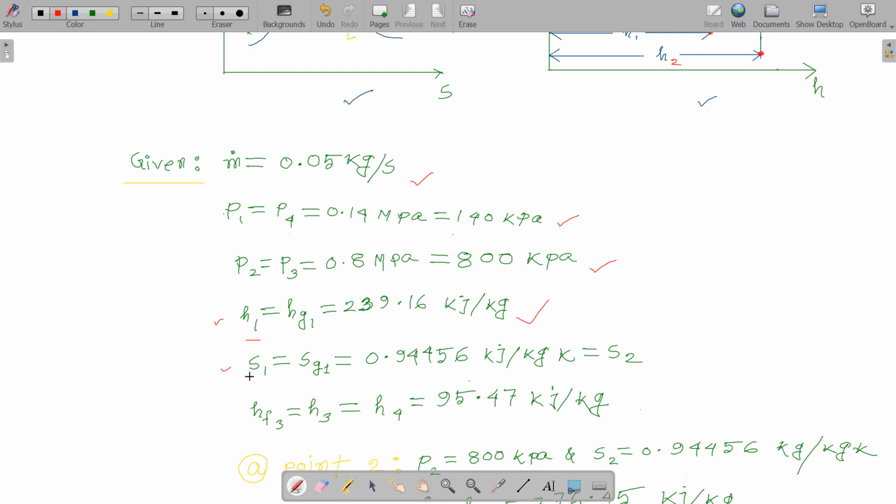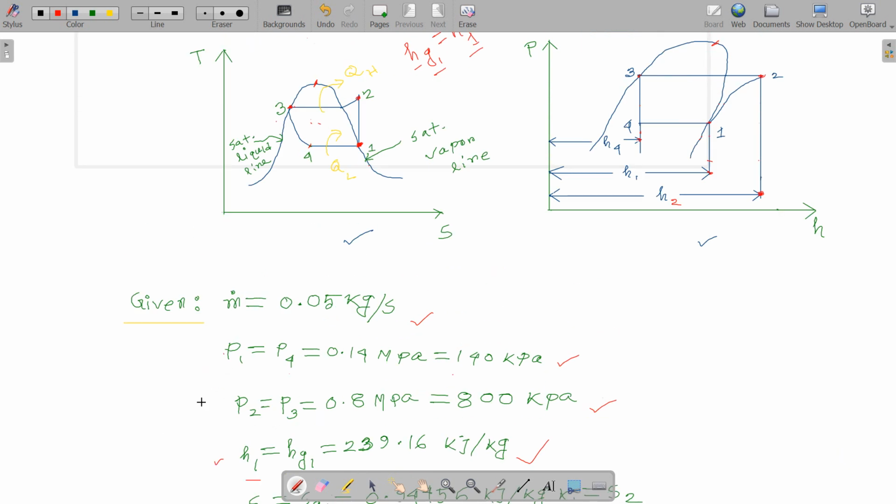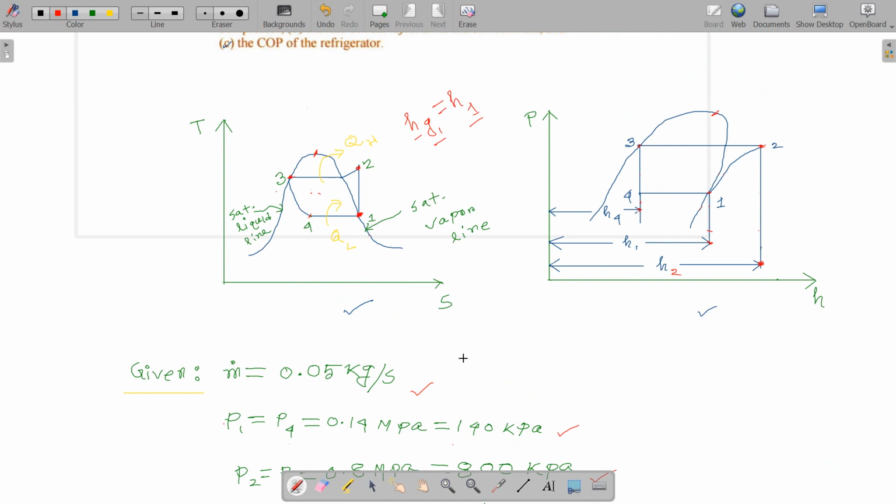S1, look at the TS diagram. We can see that S1 and S2 are equal, because we know here the compression is isentropic, so we need to find S1, that means the total entropy of point 1.